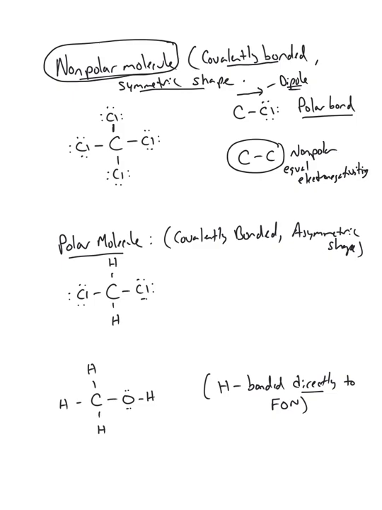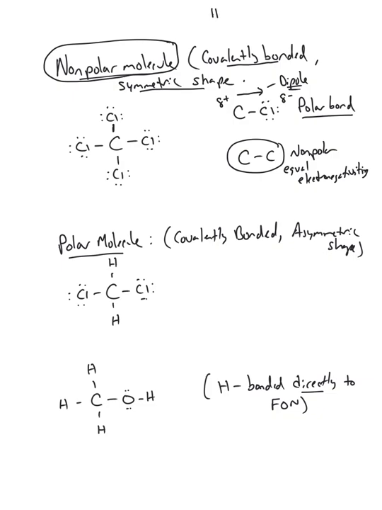So chlorine will pull the electrons towards its orbitals more often, and that creates a partial positive charge on the carbon and a partial negative on the chlorine, and then in essence it's forming two poles, dipole, a positive and negative pole. The greater the difference in polarity, the larger the arrow.